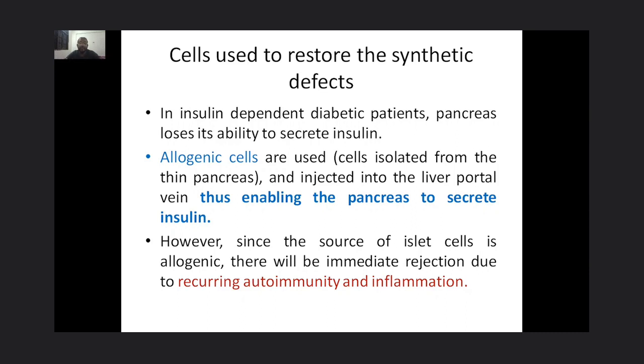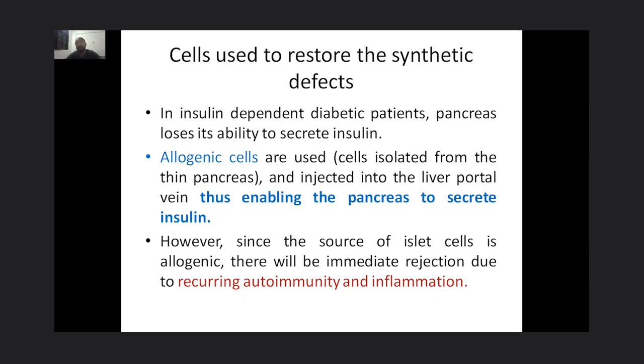So allogenic cells, that is, cells isolated from the pancreas, are injected into the liver portal vein, thus enabling insulin secretion. Make sure that you are giving healthy cells, so that the healthy cells will replace the non-functional cells, and the insulin synthesis will begin. So we can treat diabetes in this manner.